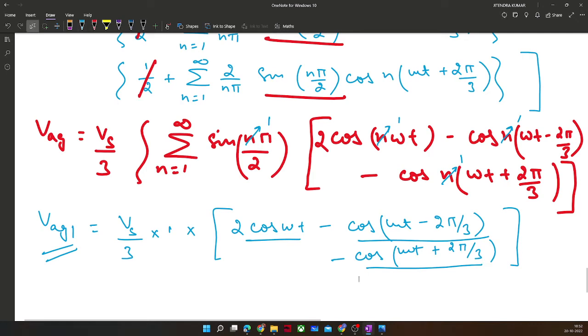Let me solve this trigonometric identity for you. These two terms are common: one is minus 2 pi by 3, one is plus 2 pi by 3.